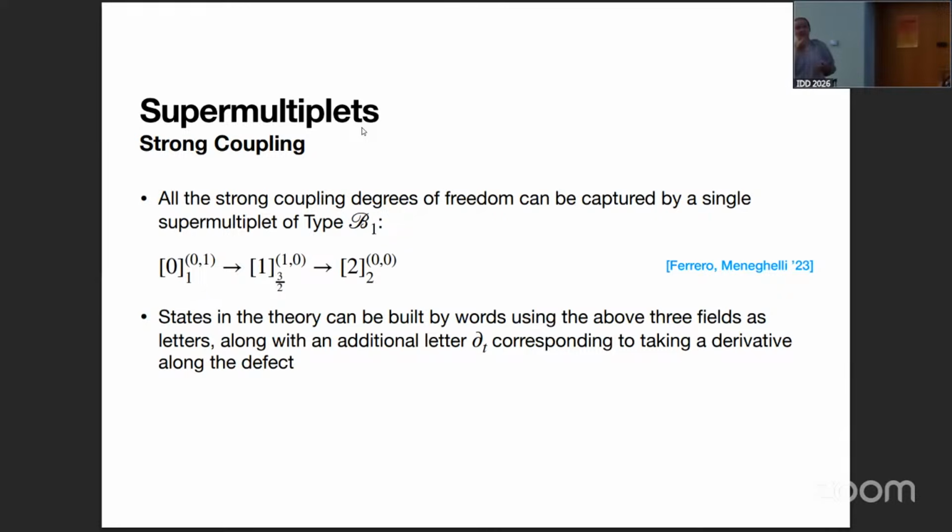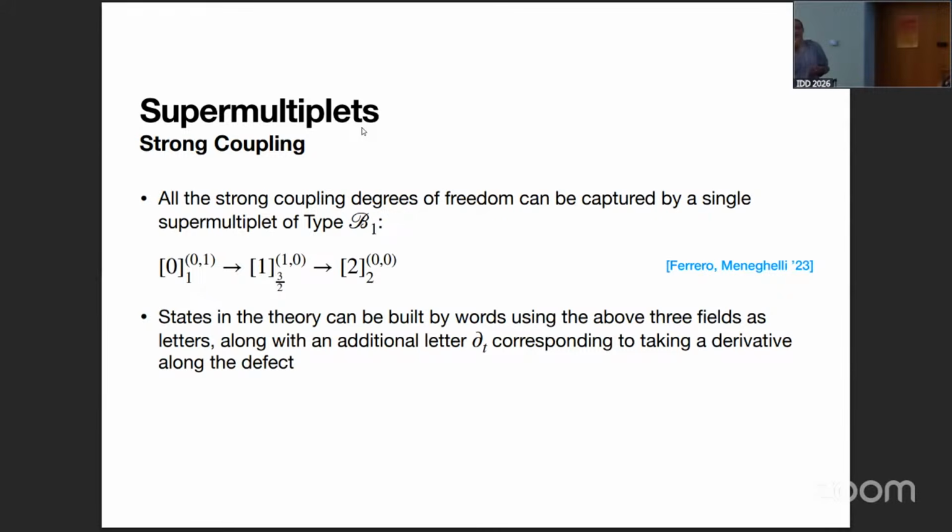Then we have the 3 fields over here: spin 0, spin 1 half, and spin 2. At strong coupling, we know that all our operators can be constructed only from these 3 letters, so-called.